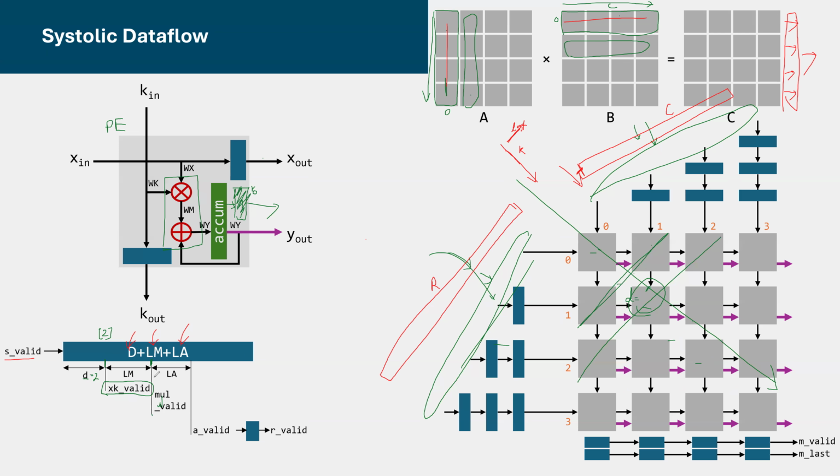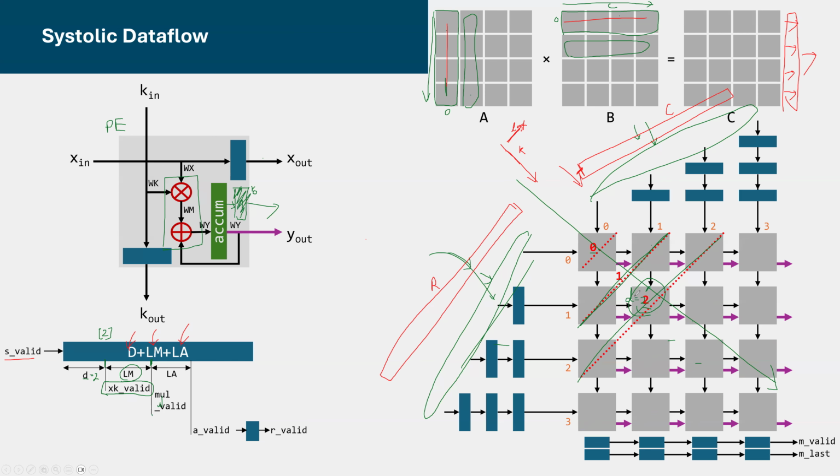So if you wait for another LM number of clocks, why? Because the multiplier has a latency.